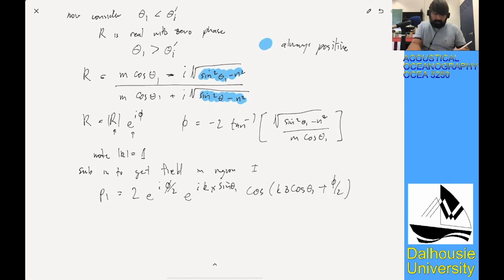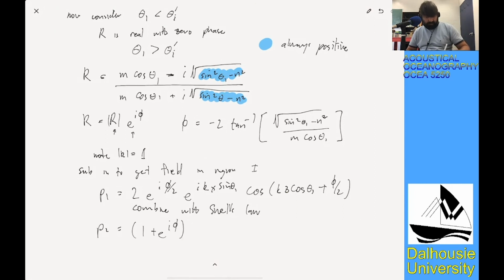Okay? If we combine with Snell's law, we can simplify our P2 to get 1 e to the i phi e to the i kx sine theta 1 and e to the kz square root of sine squared theta minus n squared.